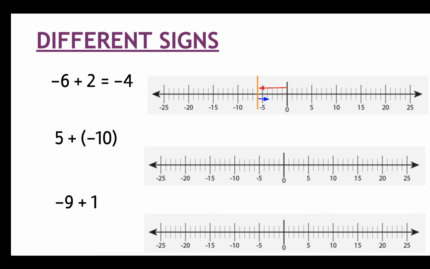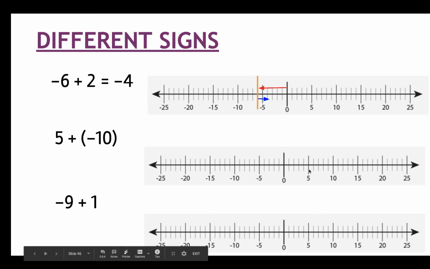Maybe you have to put your finger up to positive 5 on the screen. Now you're adding negative 10. Are you going to take 10 steps to the right, meaning you're looking more at the positive numbers? Or are you going to back it up 10 steps, meaning you're going to be looking at the negative numbers? You're going to be backing it up 10 steps. You got it. If you back up 10 steps from 5, where would you be? Negative 5.